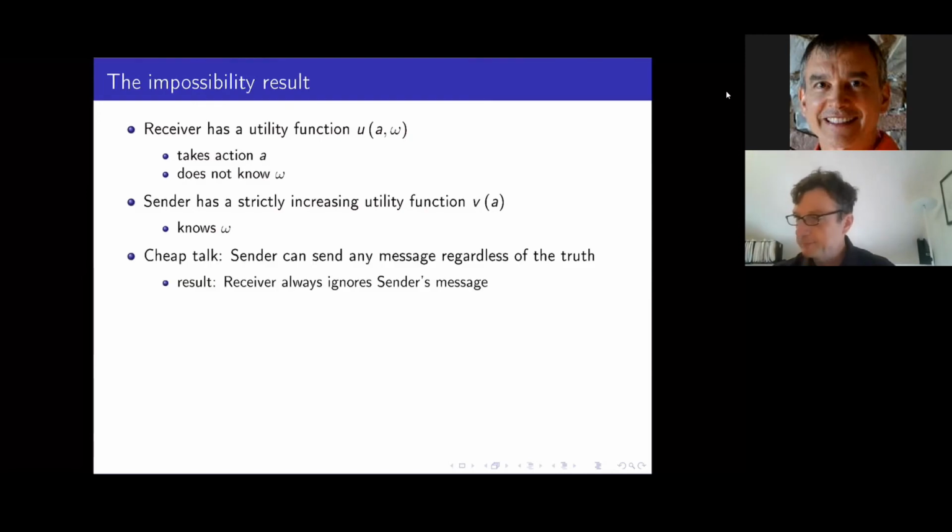In this setting, okay, the receiver is anticipating already that the sender would like him to choose not the action that is most suitable for the state, okay, but choose, unconditional on the state, the highest possible action. Okay. Well, cheap talk means that the sender can send any messages regardless of the truth.